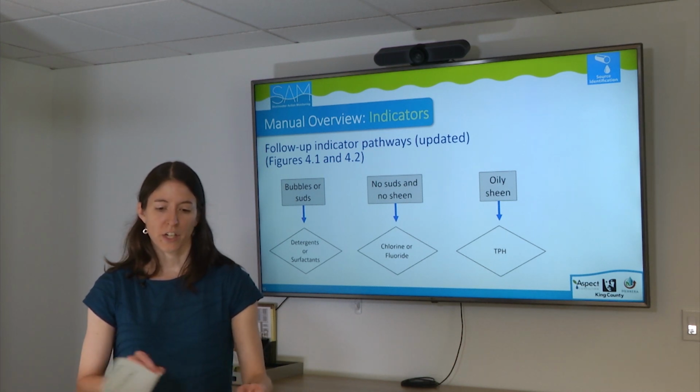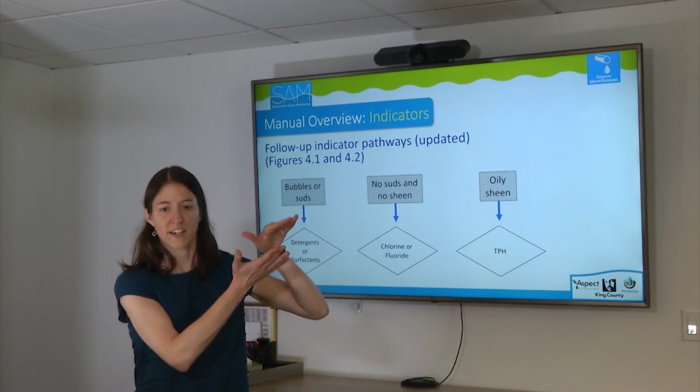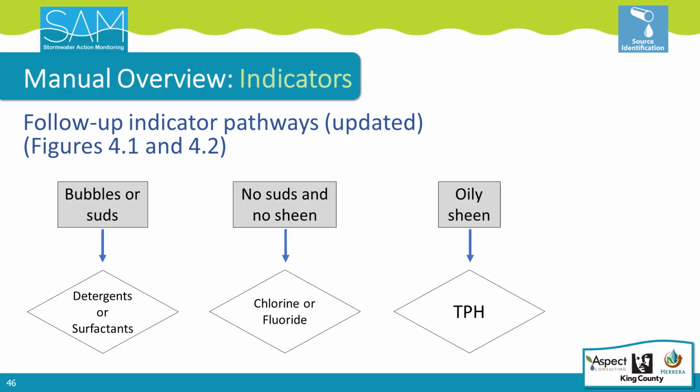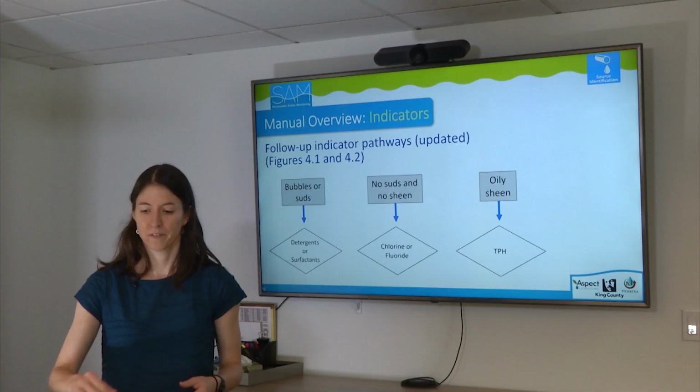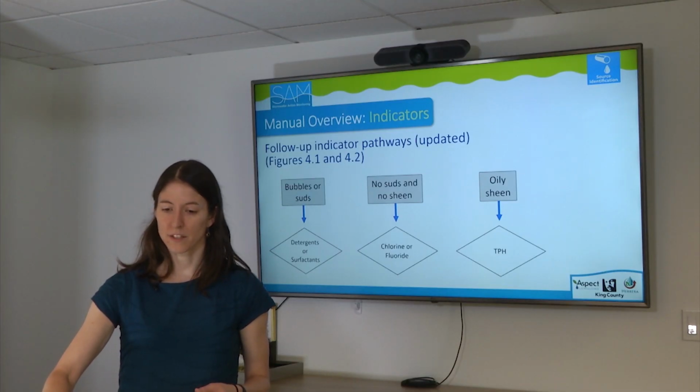Obviously I condensed this a little bit for the slide here, but bubbles or suds would walk you down to a follow-up indicator, which would be detergents or surfactants. If you don't have suds or sheen, then you're starting off with looking at chlorine or fluoride as one of your follow-up indicators. And if you're noticing oily sheen, obviously total petroleum hydrocarbons would be a good thing to take a look at next. So those have also been updated in the 2020 manual.